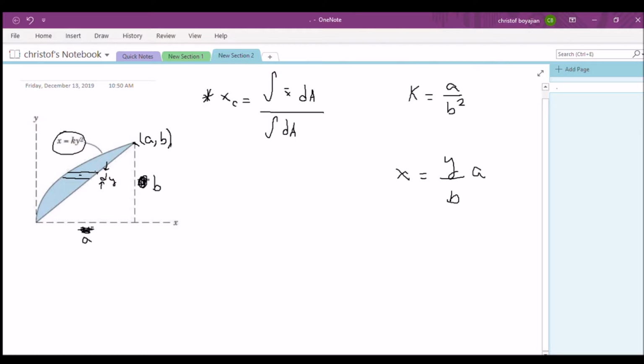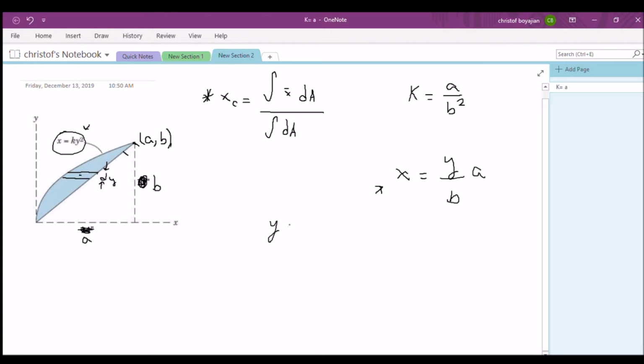What is our base of this cross-sectional area? Well, if you notice, it should be this equation, which we found to be this, minus this equation, which is this curve right here. So we have this equation, and I'll replace x in terms of y, because we made our cross-sectional area in terms of y.